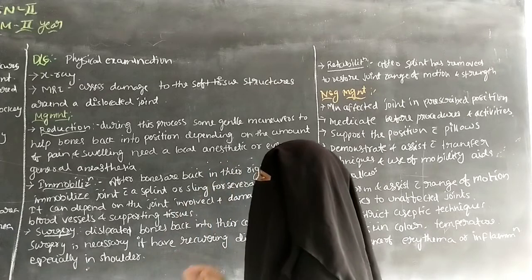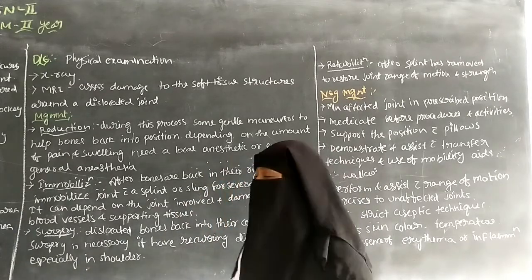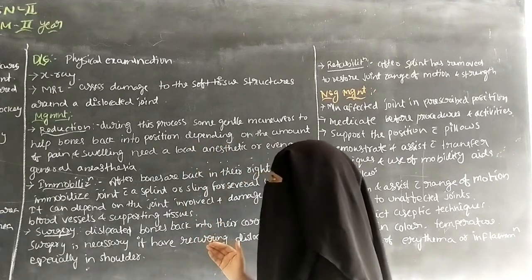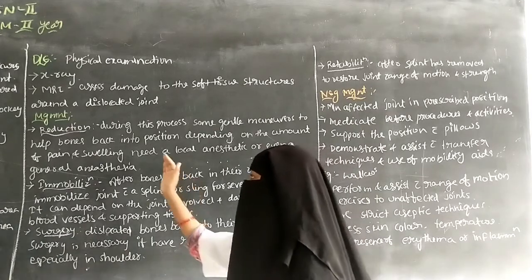According to the pain and swelling of the patient, anesthesia can be given so the bones can be positioned back into the normal position. So that is about the reduction.